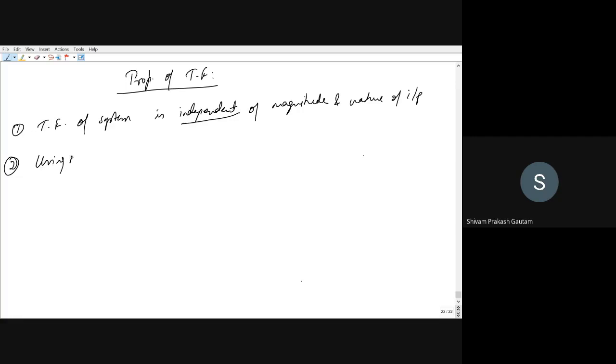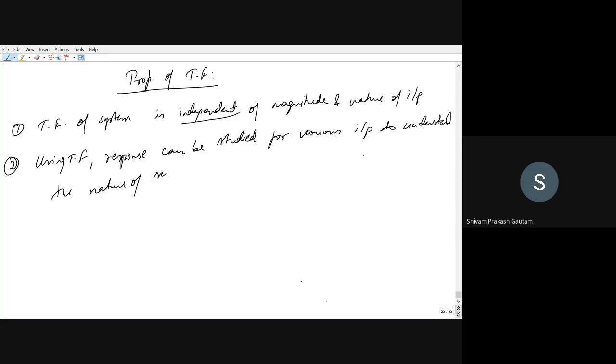That is the second property. Using the transfer function, response can be studied. Response means output. Response can be studied for various inputs to understand the nature of the system. What does it mean? It means that if you have a system, you have an input port and an output port.